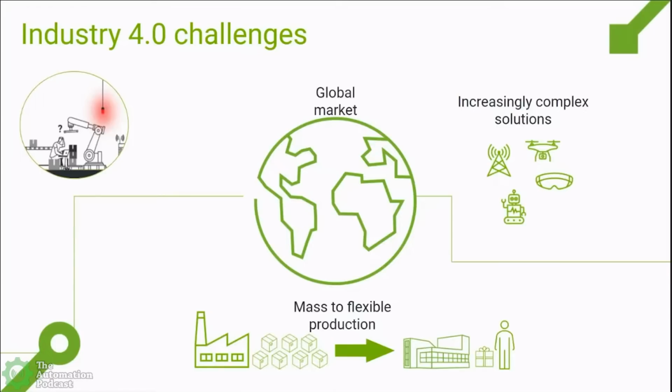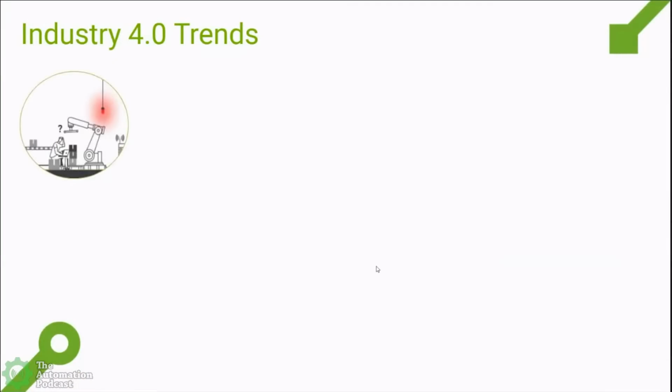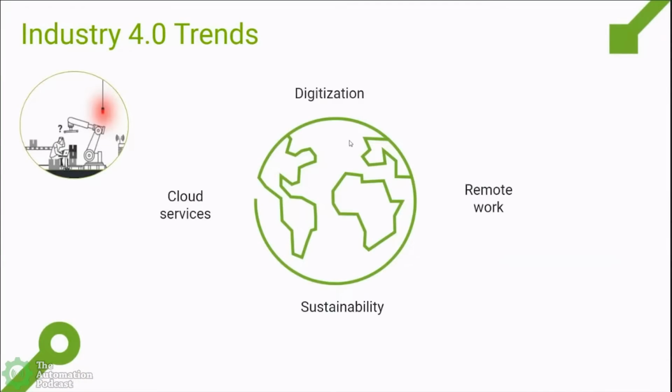So with our product, we want to help both industry and education in this transition. And how do we do that? We do that through our emulation platform. So we want to help companies in this digitization transition. We want to give them flexibility to work more remotely and more flexibly.